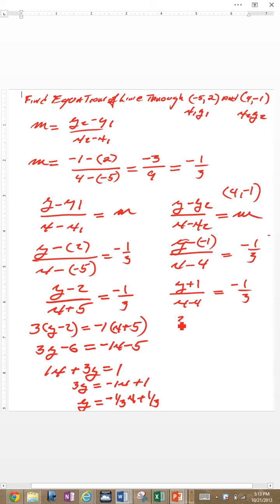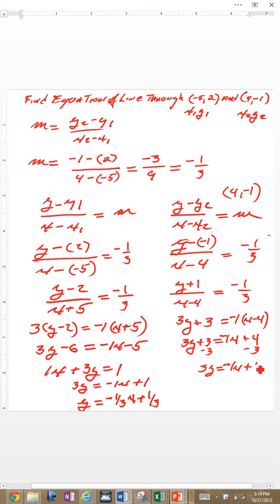Cross multiply. 3y plus 3, which we get when you distribute the 3, equals negative 1 times x minus 4. So that's 3y plus 3 is equal to negative 1x plus 4. I'm going to solve this for y, show you it's exactly the same thing. So solving it for y, I would subtract 3 off of both sides, which gives me 3y is equal to, that's a negative 1, forgot to carry my negative sign, negative 1x.